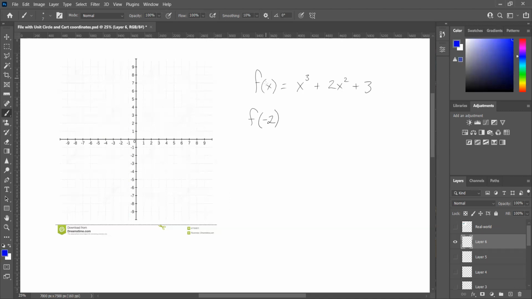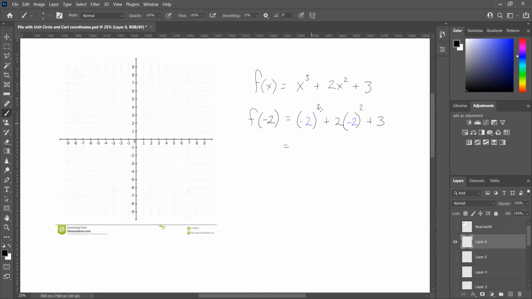Well, notice what I've done here. I've replaced x with -2. So that being the case, I'll do exactly the same thing on the other side of the equal sign. And at this point, I like to rewrite the equation, but everywhere there is an x, I'm going to put a set of parentheses so that I can go back and type in to those parentheses this value I'm plugging into x.